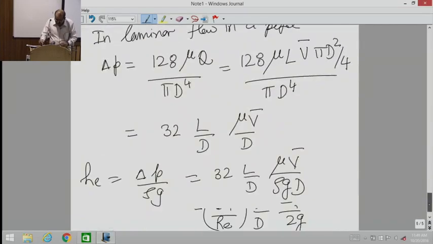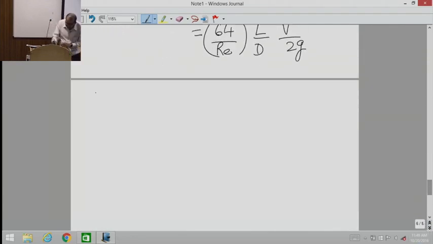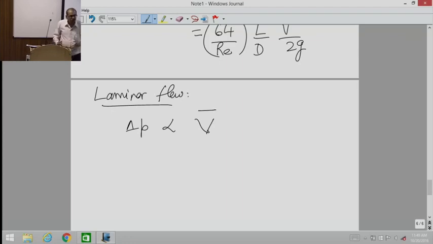Now what we find is, in a laminar flow, let me write some characteristics of laminar flow. Firstly, what we find is delta P is proportional to V bar. This I have written earlier also.